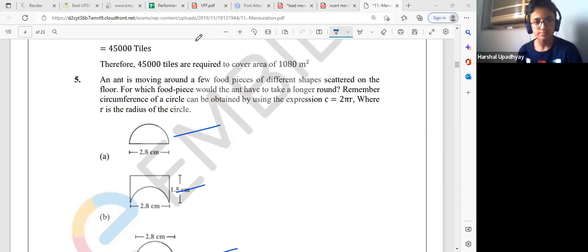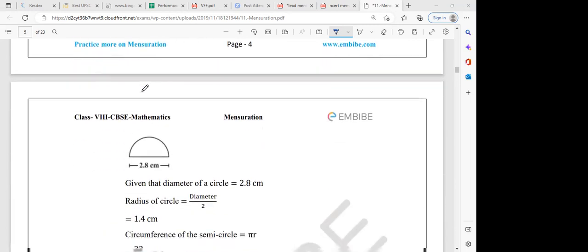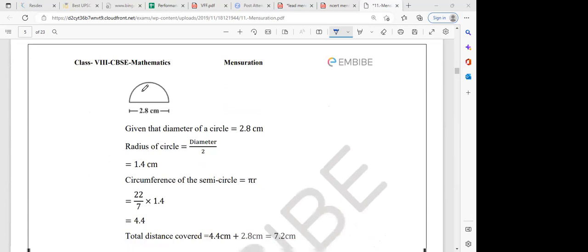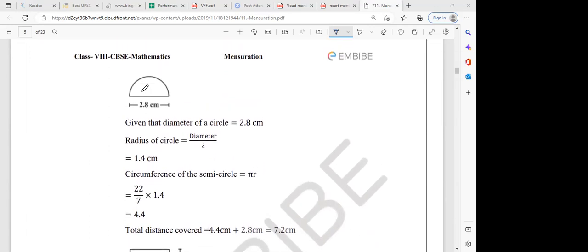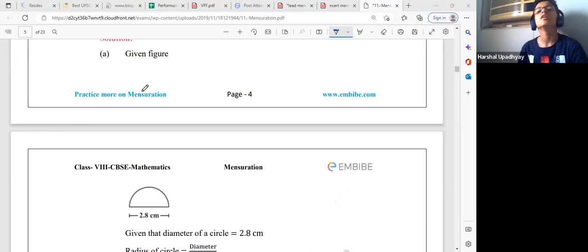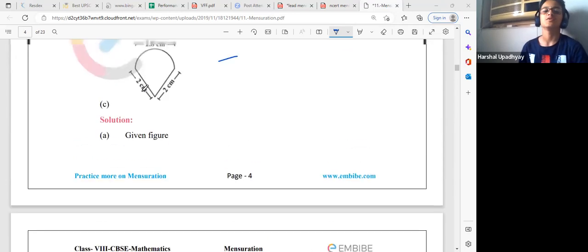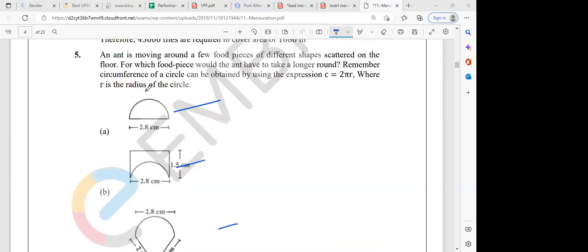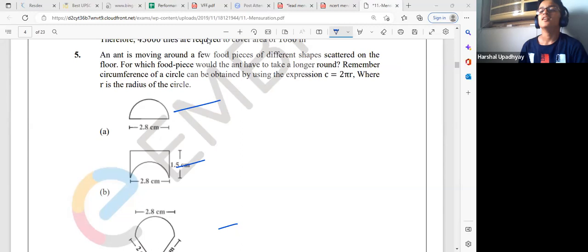1.4. Okay, let's check. Now what did you do over here, Swar? 1.4 is what? The radius. You have to find the circumference, not the radius.